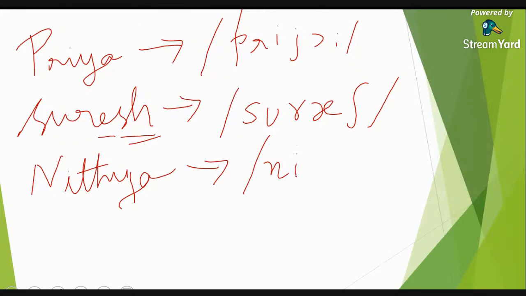N, for the E sound I, for it, theta, and ya, Y with a sound, colon, Nitya, right? Surender, there is one Mr. Surender.